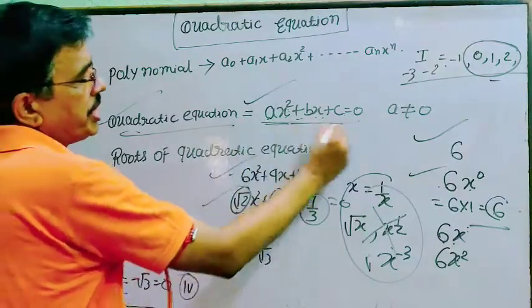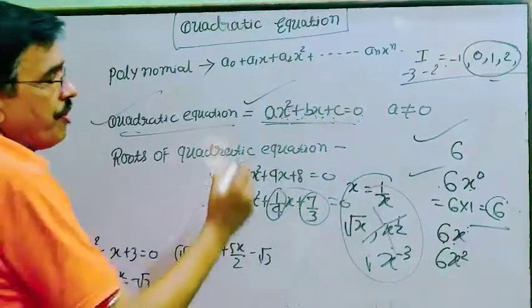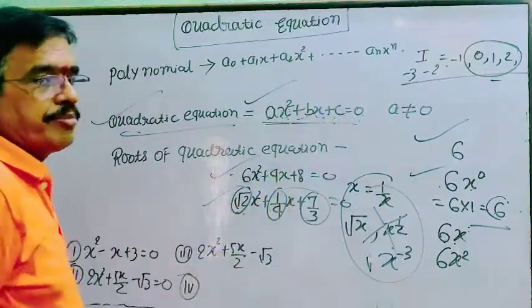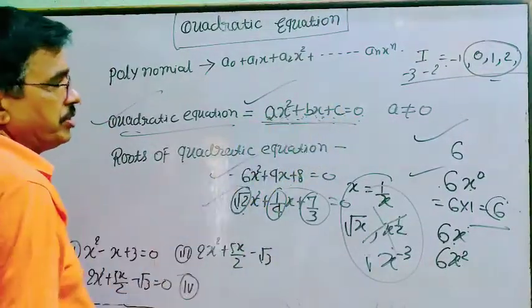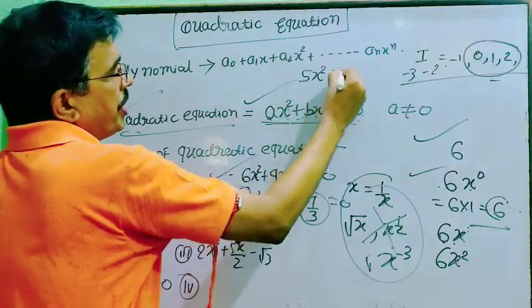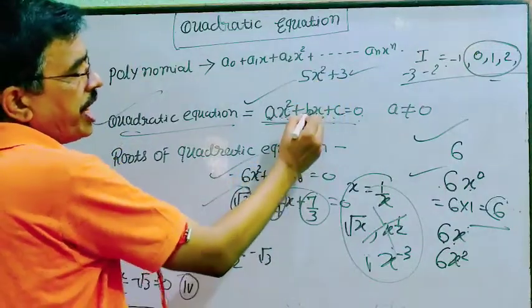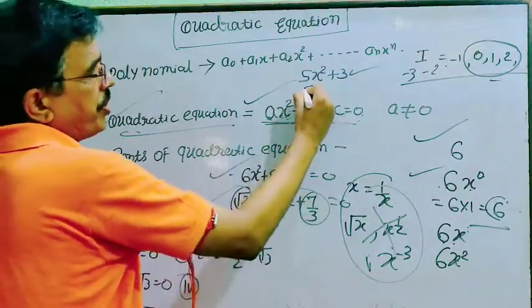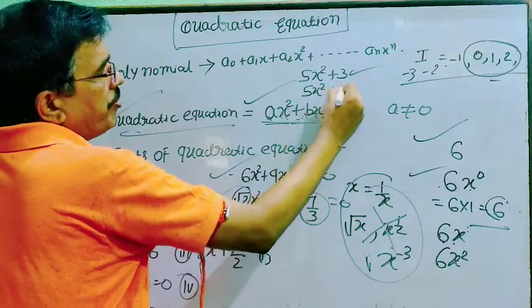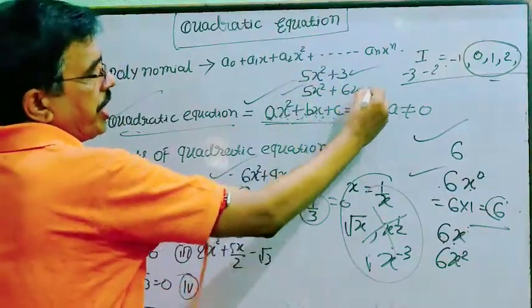So a quadratic equation is in the form ax square plus bx plus c is equal to 0, where a, b, c are real numbers, but a is not equal to 0. If you write 5x square plus 3, it is quadratic. Here x is not present, that means b is 0. Someone writes 5x square plus 6x, it is also quadratic because c is 0 here.